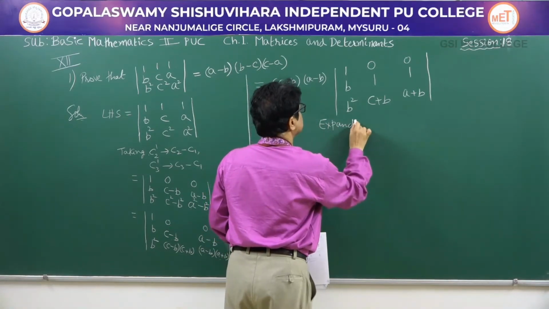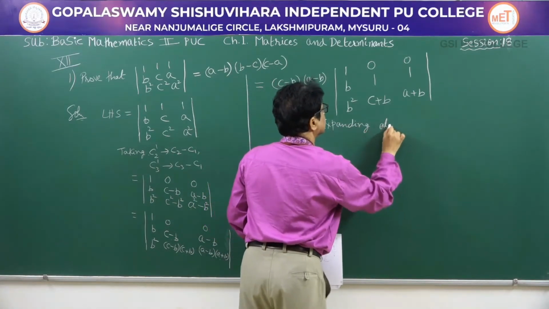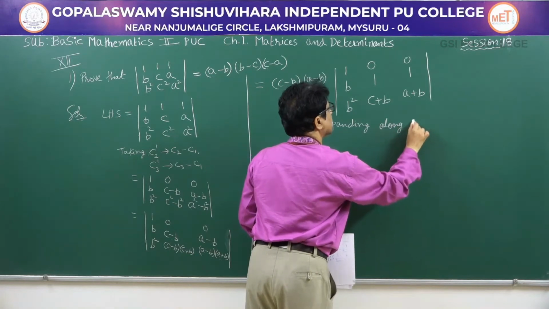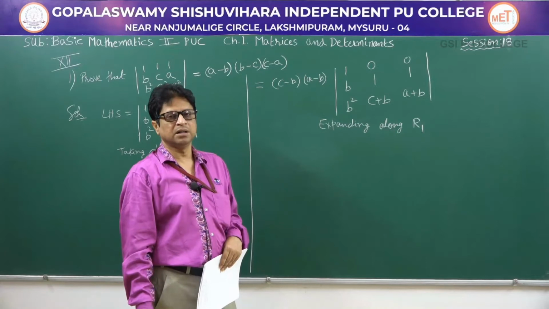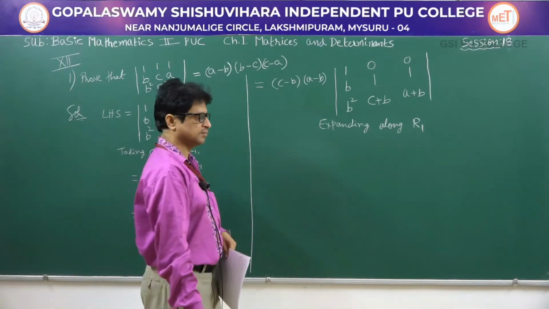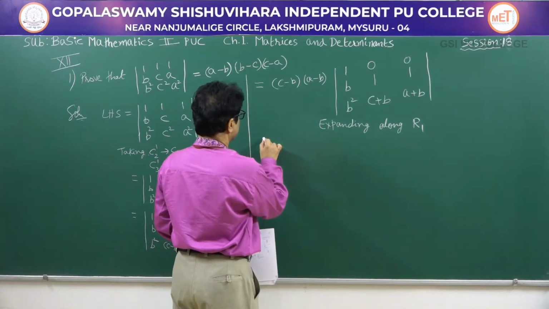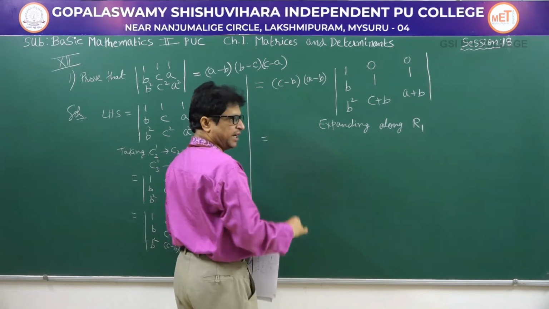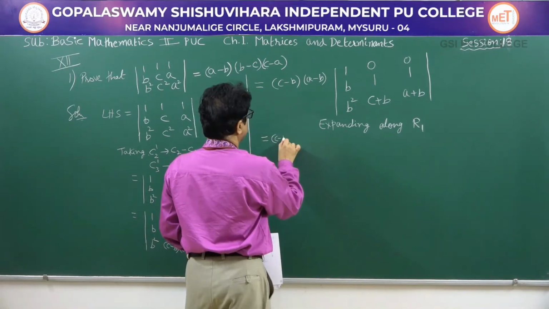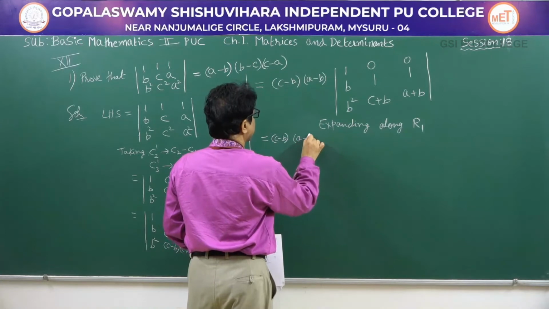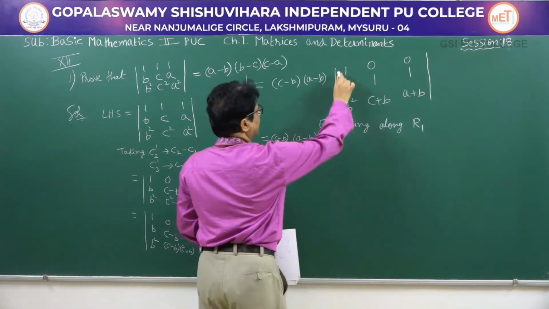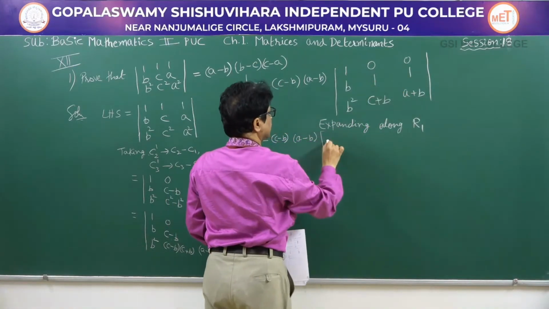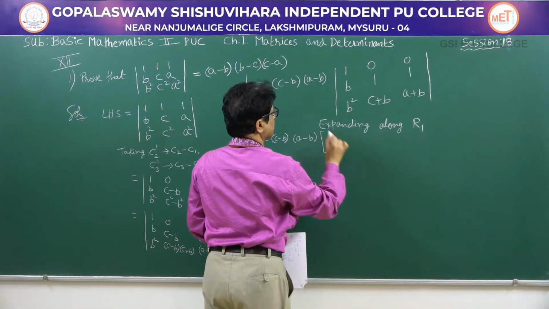Expanding along row 1. We are expanding along row 1. That will be equal to C minus B into A minus B into, in the first row the first element is 1. So, first we write plus 1.